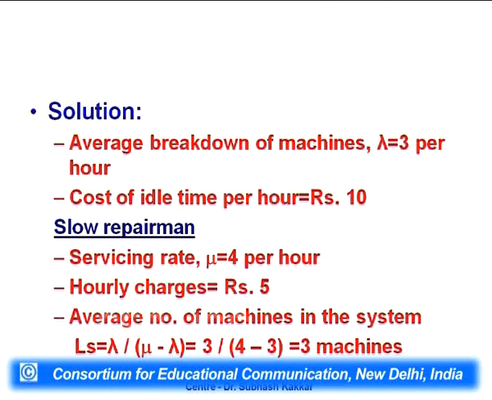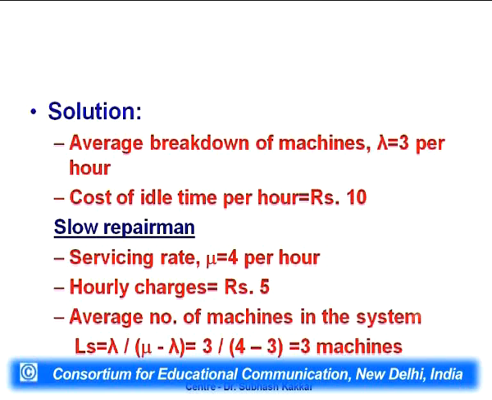The average number of machines in the system, LS, meaning getting repaired as well as waiting in the queue, is given by lambda divided by mu minus lambda, which is equal to 3 divided by 4 minus 3, equal to 3 machines. Let us concentrate on this particular point of the solution. Average number of machines in the system waiting for repairs. A machine is broken down.